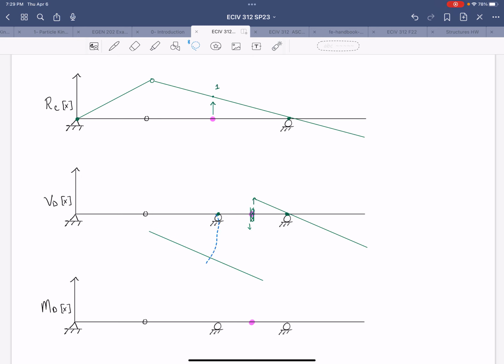Just gonna copy and paste this one. Should work out. All right, another straight line segment between B and D. And then at B, we have that hinge, so it can change slope and meet the support condition at A.